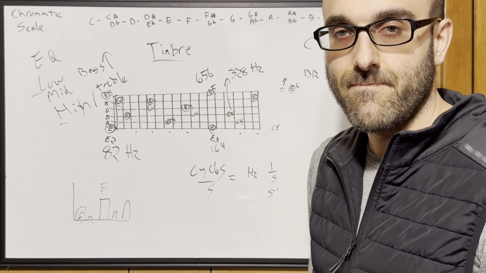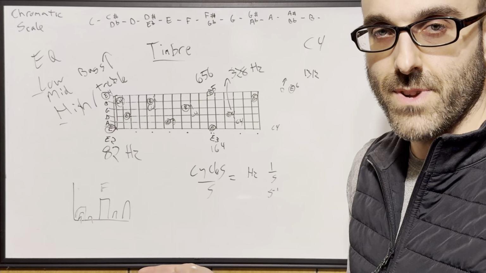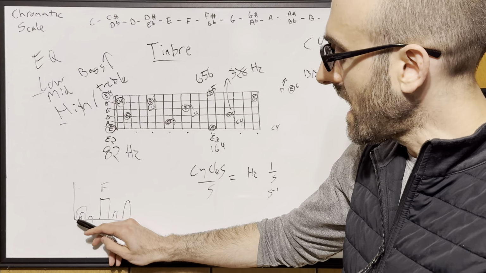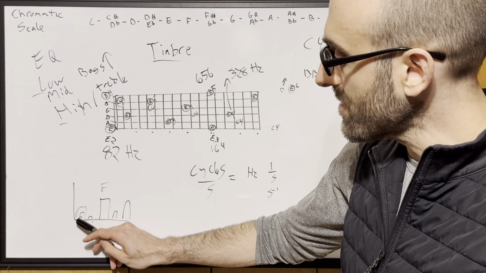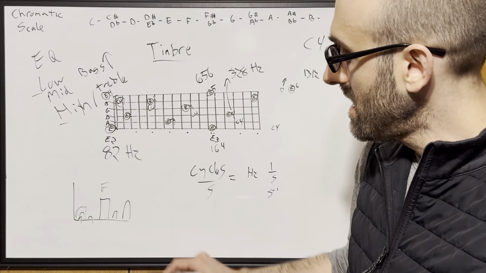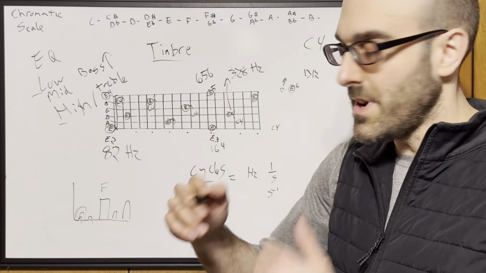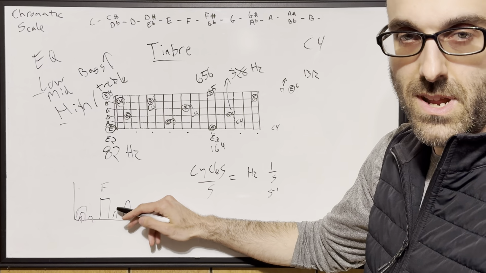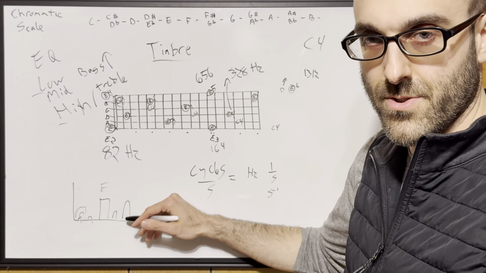And depending on what kind of an instrument you're playing, you may get, like, see these low partials over here? You may get a lot of low partials. You may just get a tiny bit. So depending on the instrument, you're going to have a distribution here of all these different partials.